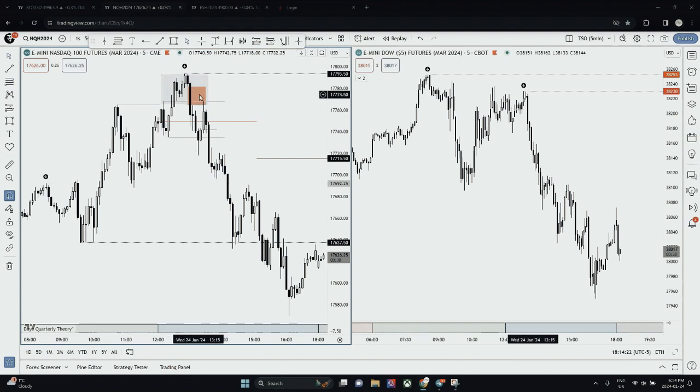Trade back up into this fair value gap, forms an order block, price trades above Q1's open right here, uses it as resistance, right?